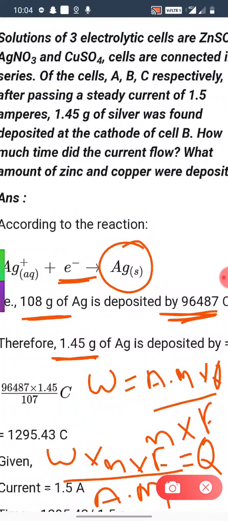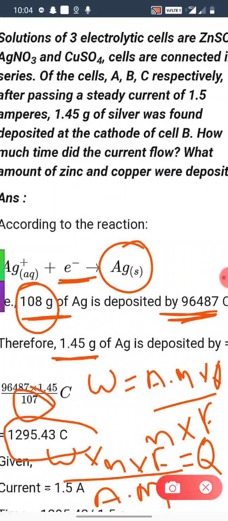You can see that 96500 is being substituted here into N, which is 1, and into W, that is 1.45, upon atomic mass, which you can use as 108 or 107, and the final value of the charge is 1295.43 according to this calculation.